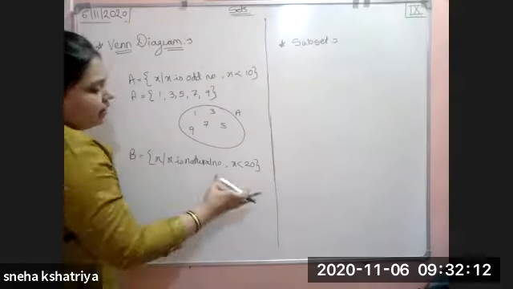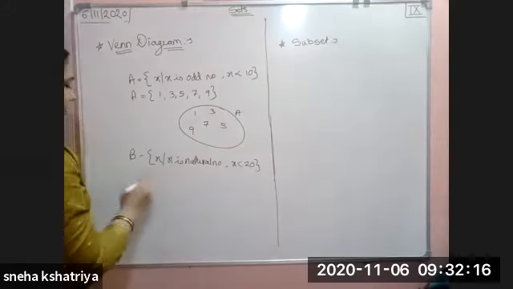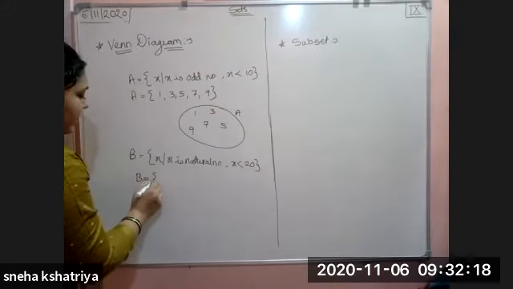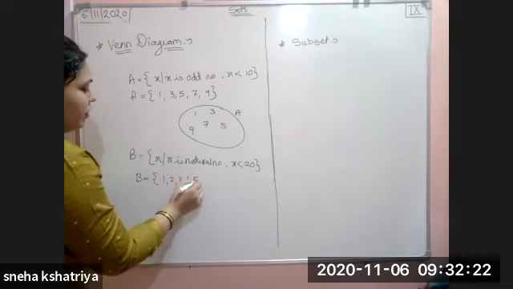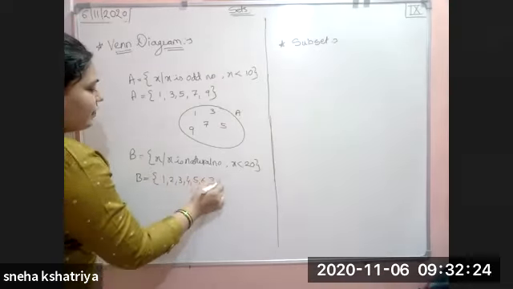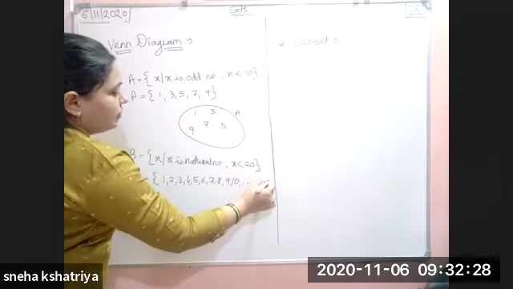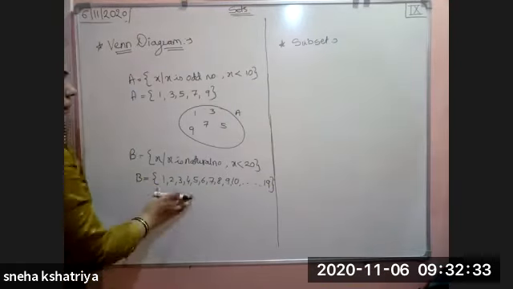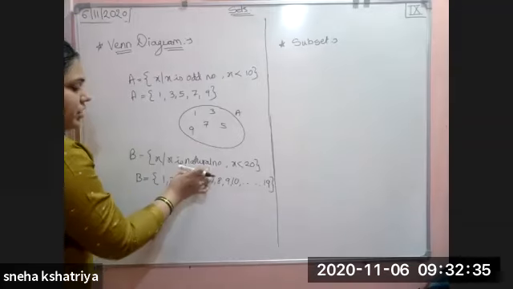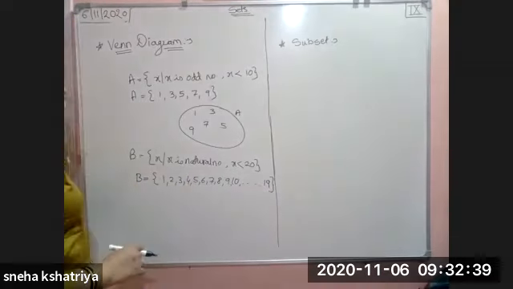I am taking any example. So what will be the set? The set will become 1, 2, 3, 4, 5, 6, 7, 8, 9, 10 and so on up to 19. So B is the set of natural numbers less than 20, from 1 to 19.